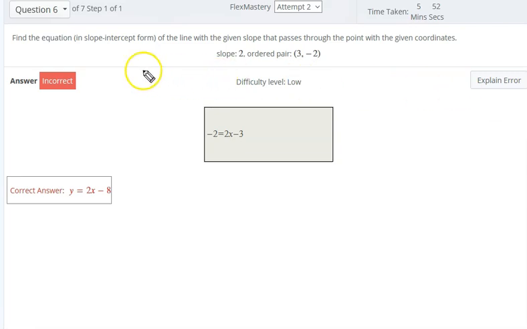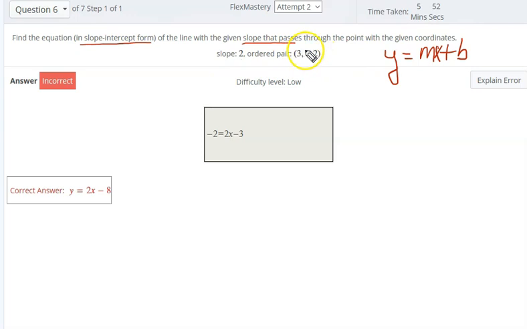Okay, looking at this one, find the equation, but now they're asking it in slope-intercept form. So I would write that down. Y equals mx plus b of a line with a given slope that passes through a given coordinate.